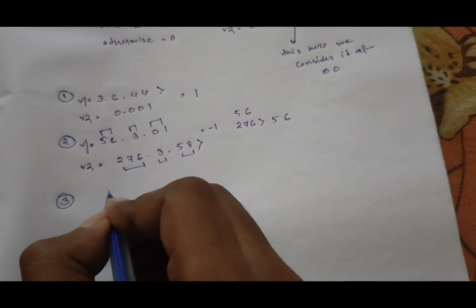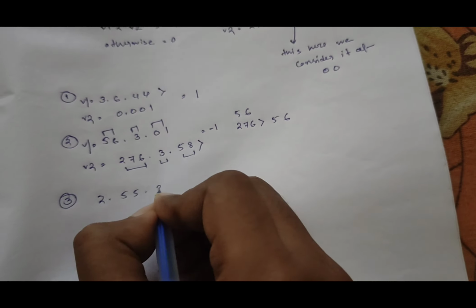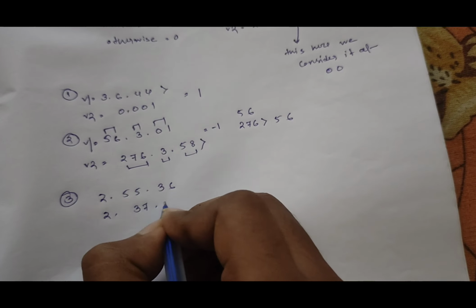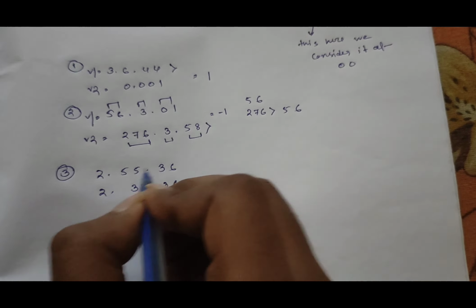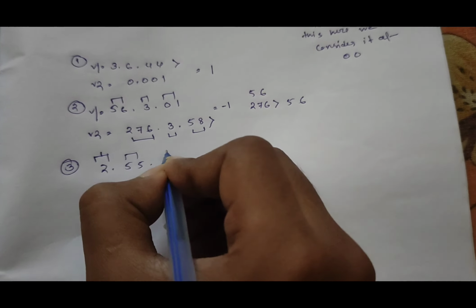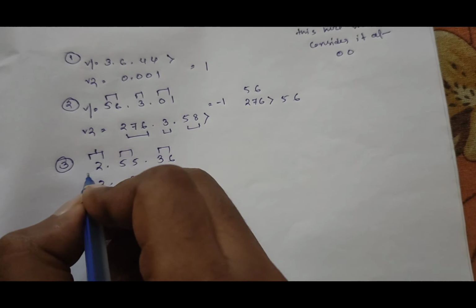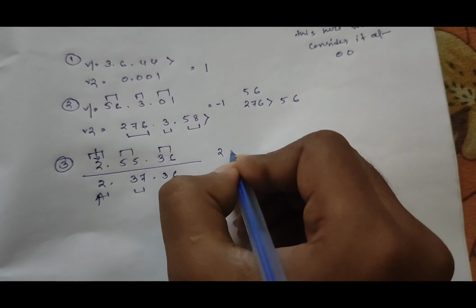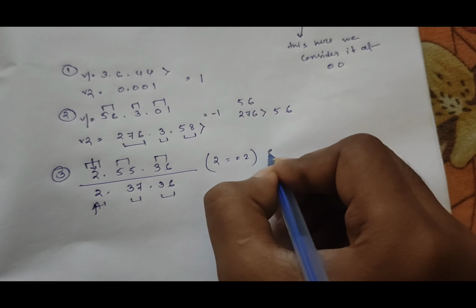In the third test case, 2.55.36 and 2.37.36 are given. Just check: each of these is a revision. In the version numbers, check the first one: 2 is equal to 2, so it is equal.